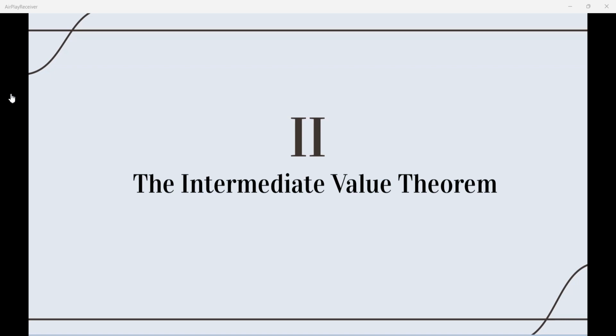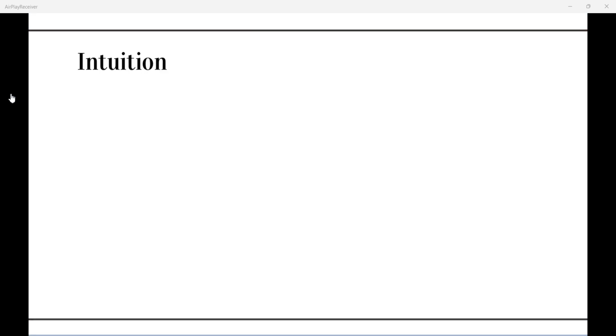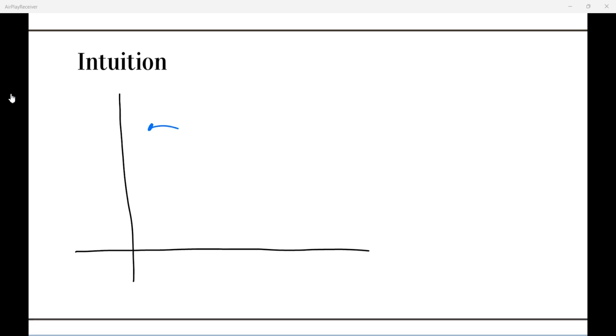So before I state what the intermediate value theorem ultimately says, basically what the kind of intuition behind this is, if we have a function that is continuous, so something like this function where it's all connected together, right? And if I pick a couple of different x numbers along the domain of this function, so let's say that I call this x number a and I call this x number b, right?